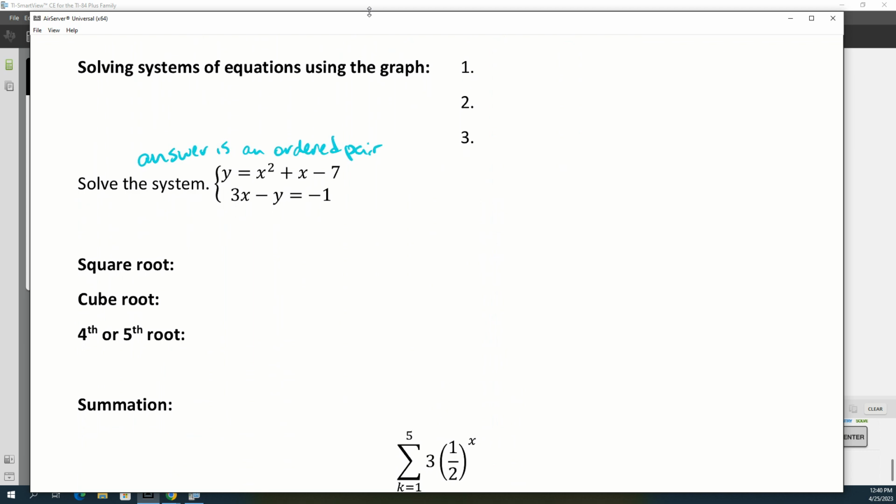Okay, so on this one, the first step is to solve for y, if necessary. And we don't have to do that on the first one, but we do need to do that on the second one. So I would subtract the 3x. And then if that's what negative y is, positive y, we just change all the signs.